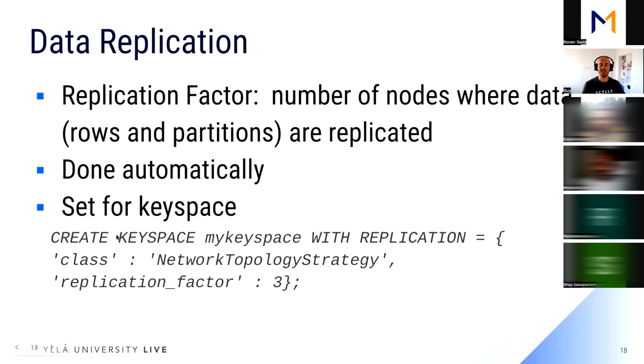So if, like in this example, I set it for the key space. A key space, I didn't mention it, is basically a container for tables in the database. And the key space has different settings. Maybe the most important one is the replication factor. Here in this example, I create a key space, calling it my key space, and it has a replication factor of 3.